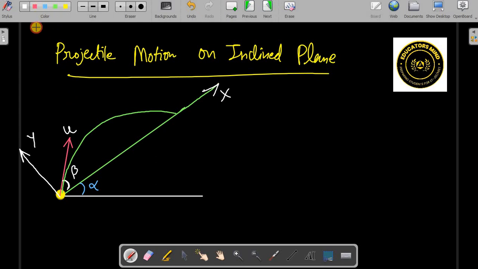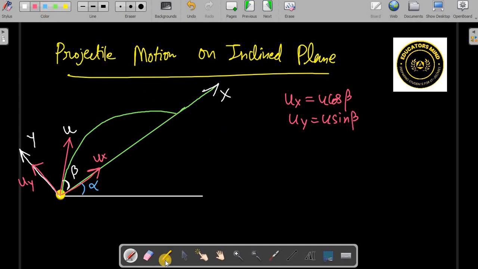We resolve u into two components, ux and uy. Here ux is u cos beta and uy is u sin beta.